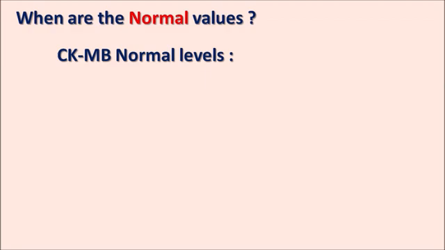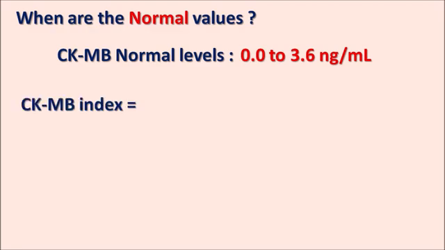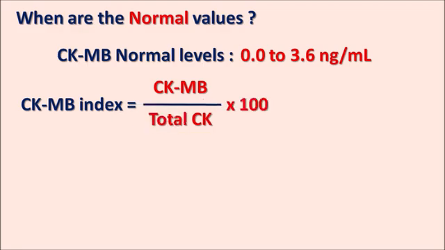The CK-MB normal values vary from 0.0 to 3.6 nanogram per ml. Normally these levels are very low and they are not detected, but they can be within the range of 0.0 to 3.6 nanogram per ml. And we can also estimate the CK-MB index, which is the ratio of CK-MB levels to the total CK values multiplied by 100.